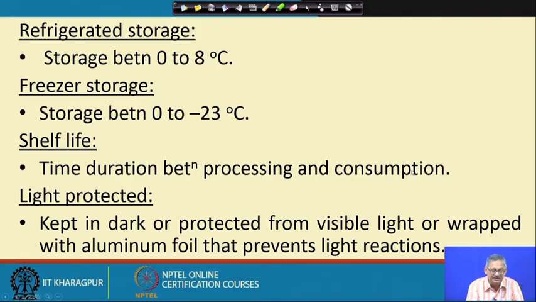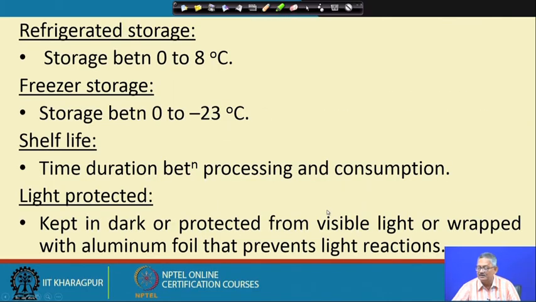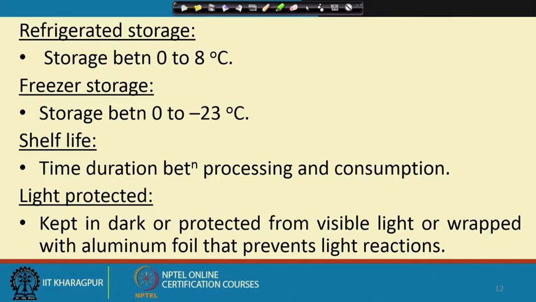Light protected means kept in the dark or protected from visible light, or wrapped with aluminum foil that prevents light reactions, right. Today it may not be possible to go into all these, but we will come to them next time. But till now, whatever we have defined, under that you see we have said 0 to minus 23, right.